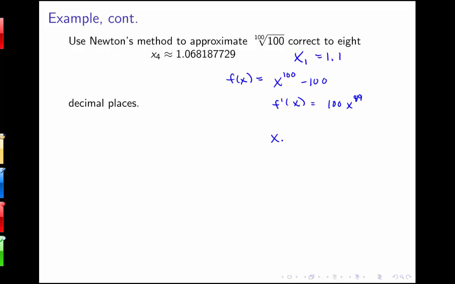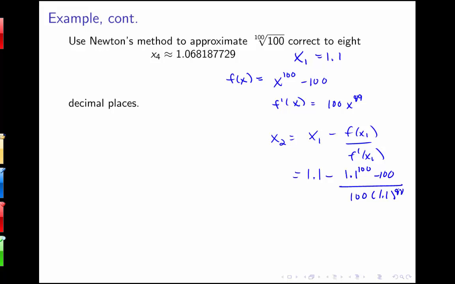So our x2 needs to be x1 minus f of x1 over f prime of x1, which means x2 is 1.1 minus f of 1.1, so 1.1 to the 100 minus 100, all over 100 times 1.1 to the 99. So if we do this, we get 1.089079822.